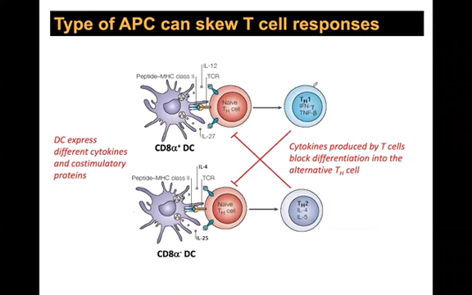Now, what we do know is that the act of those T cells being programmed to become a particular helper type, they start making these cytokines. Those actually block the other helper responses. So a dendritic cell here is activating a naive helper T cell, and the main signal it's getting is IL-12.